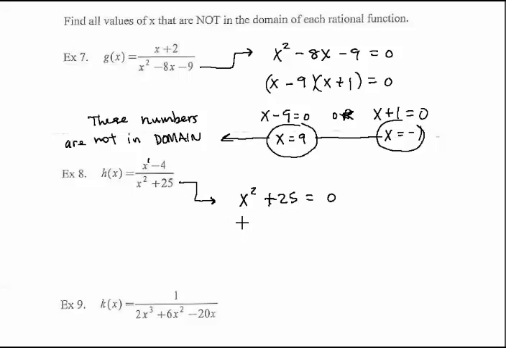And you may be thinking, well, what about 5 and -5? Well, if we try 5, 5 squared is a positive 25, and then if we add 25 to it, we do not get 0, we get 50.